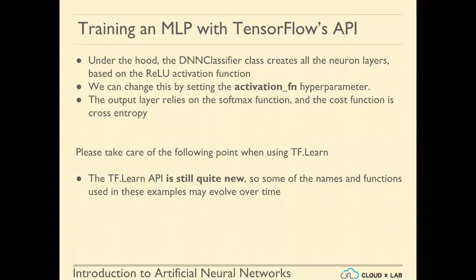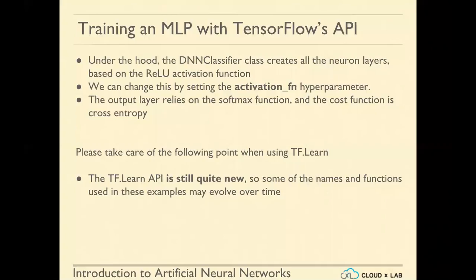The output layer relies on the softmax function. All it does is first convert the input values into probabilities, and then the cost function is cross entropy. Cross entropy is what we studied in the case of classification. Basically, cross entropy compares the predicted and the actual values, and based on that, it does the score.